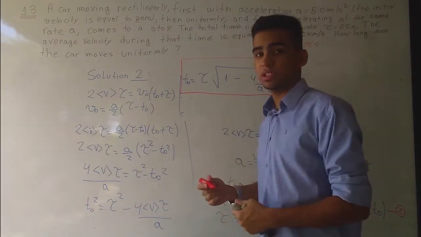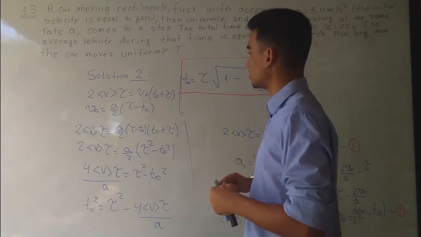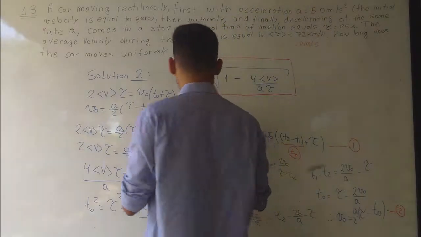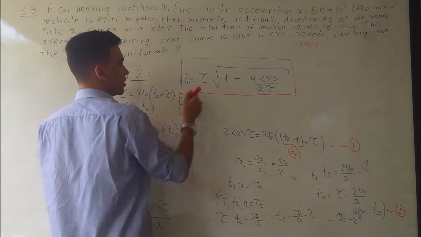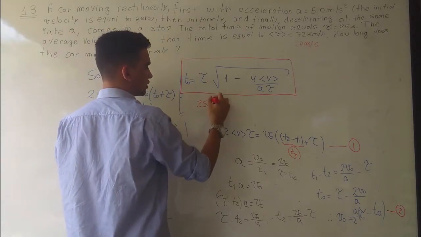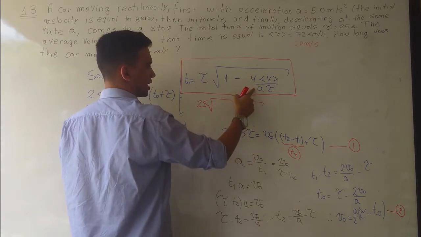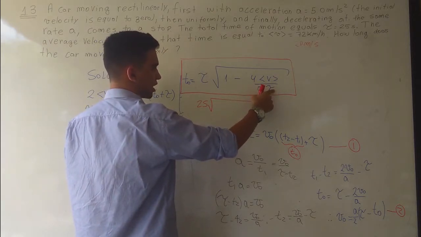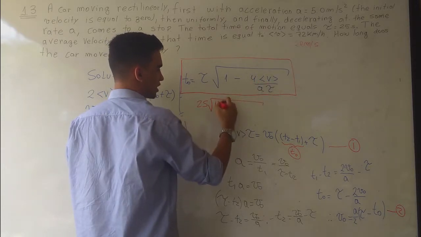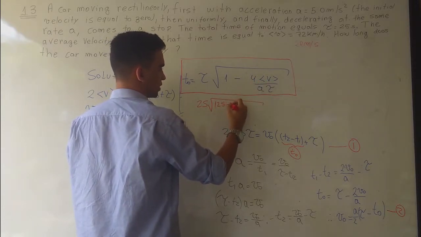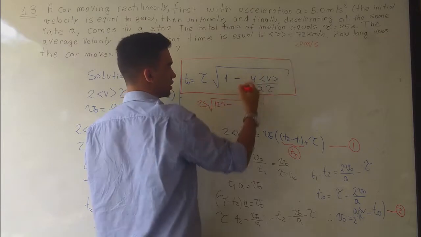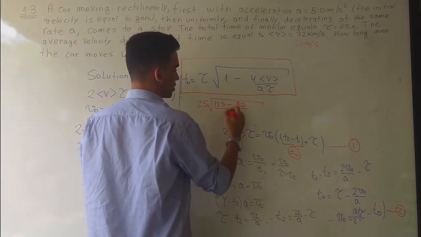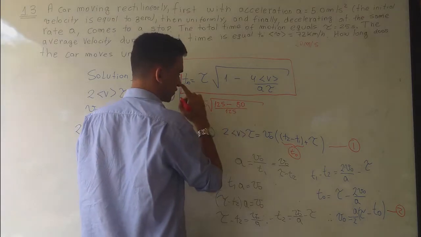And as you can see, if you put the values here, T0 is going to be 15. Let's test. Tau 25, square root of A 5, tau 25, so 5 times 25 is 125, minus 4 times 20, that is 80. All of these divided by 125.